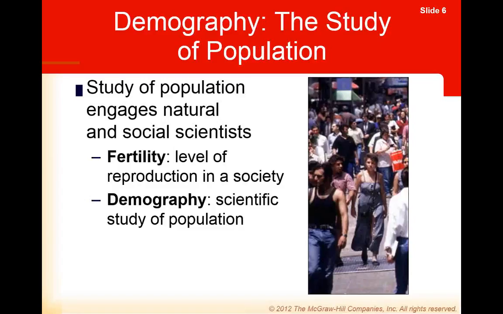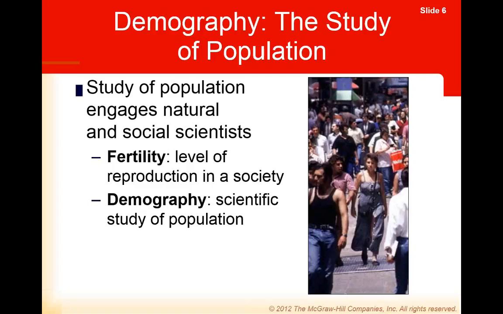There's fertility, which is incidence of birth. This is usually converted to the crude birth rate, which is the number of infants born per every 1,000 people in the population. Similarly, we have mortality, which is death in a particular society, and the crude death rate, which is the number of people who die per 1,000 people in a population.